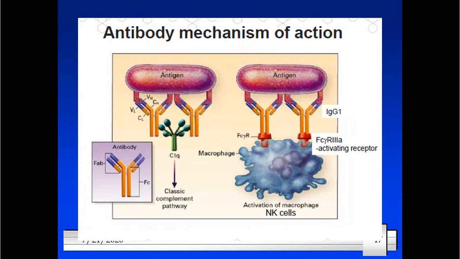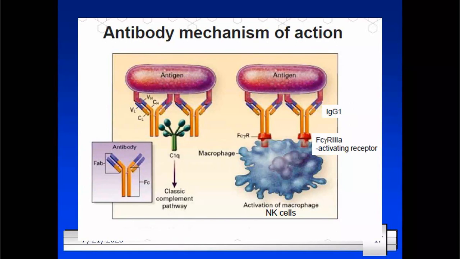The first mechanism is shown in this figure by activation of complement via the classical complement pathway of activation. And as you know, complement activation leads to production of many complement products leading to inflammation and anaphylatoxin production, and also cell lysis.